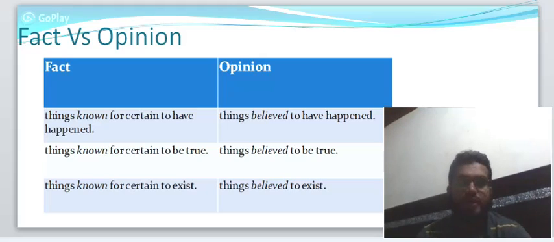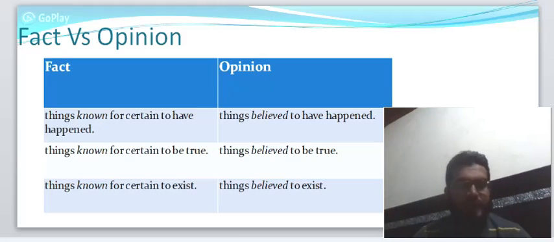There is no doubt about their truth. Nobody questions their truth. And thirdly, things known for certain to exist. They certainly exist. There is no disagreement on that. So these are three ways to identify fact.